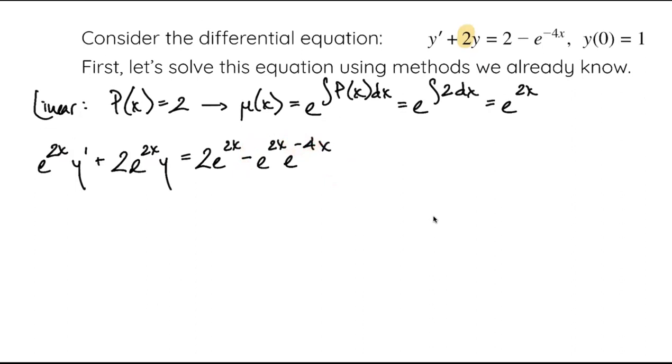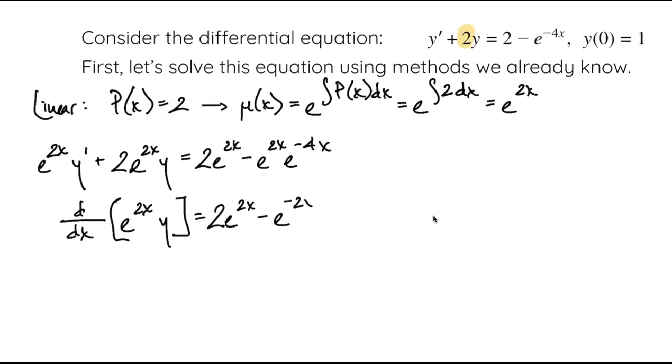Okay. So I'm going to pack up this left-hand side, and combine these terms together in the same step. The left-hand side gives me d/dx of e to the 2x times y. And on the right-hand side, I have 2e to the 2x minus e to the negative 2x.